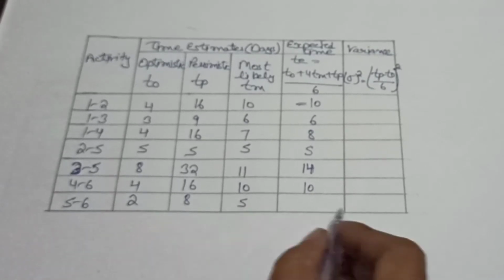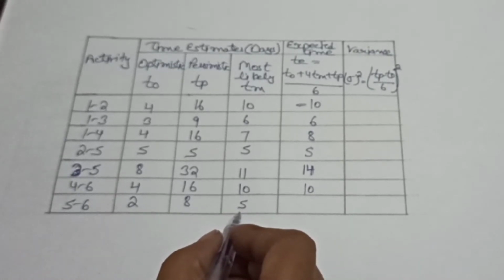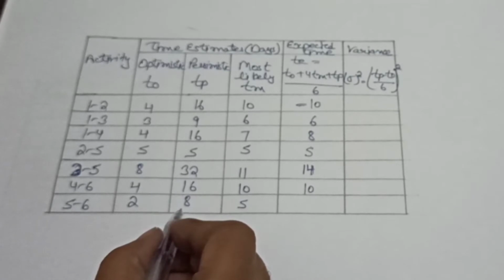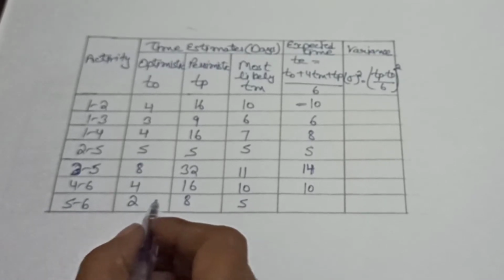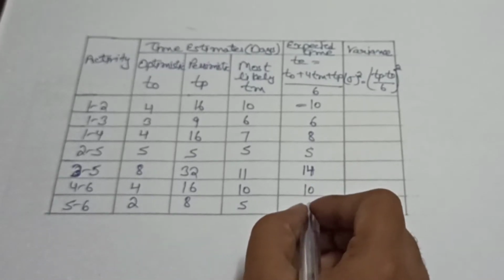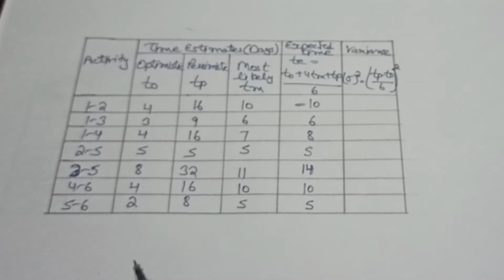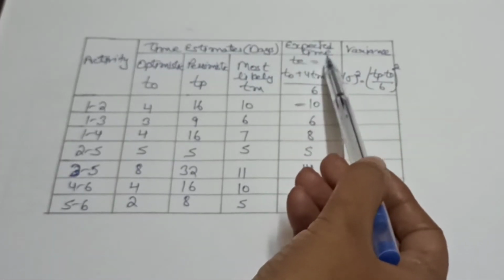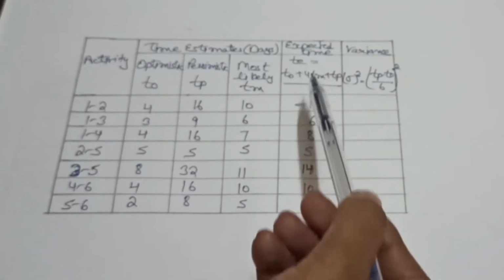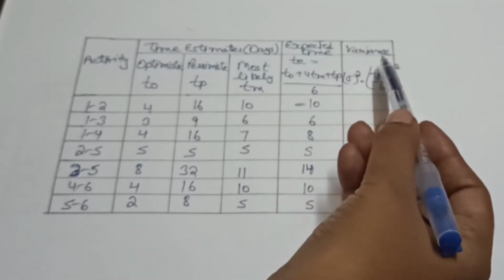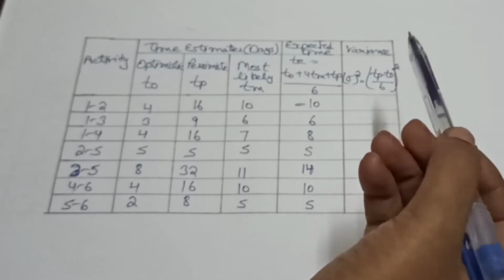Then for this last column, 5 into 4 is equal to 20, plus 8 plus 2 is equal to 30. 30 divided by 6 is equal to 5. So you can see here we have calculated our expected time, the duration. Now we will calculate variance with the help of this formula.